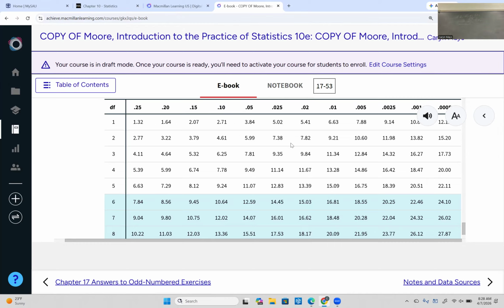And this is like how we would use it for the T distribution, where we go to our degrees of freedom and look for where 18.28 would fall. It would fall somewhere down here. These numbers are 16.42 and 18.47. Our statistic falls between 16.42 and 18.47.